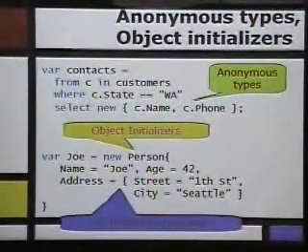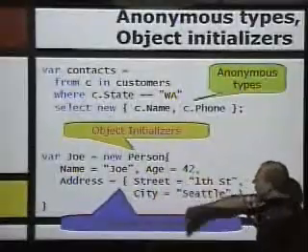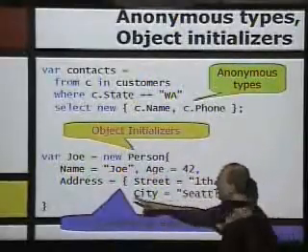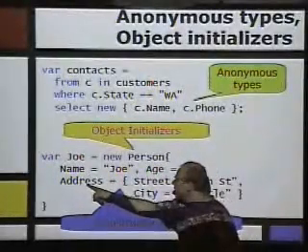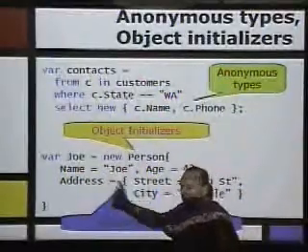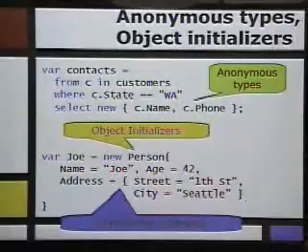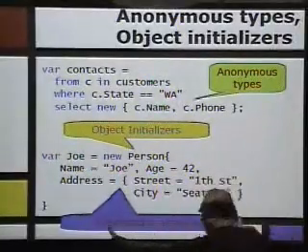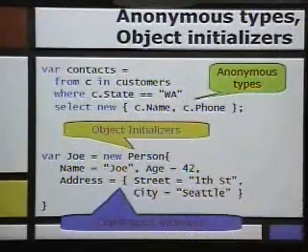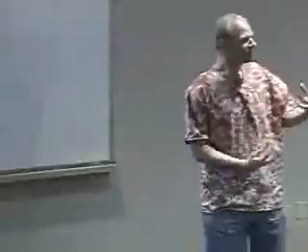And here's something else very interesting. Here I create a new person. I set the name to Joe, age 242, and then I have an address. But because I know that I'm creating a person, I now know that the address field has type address, so I can infer the constructor. So I don't have to say new address here, because the compiler knows, so it's kind of the dual.